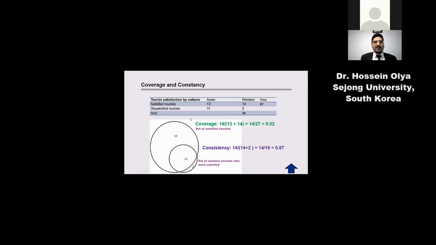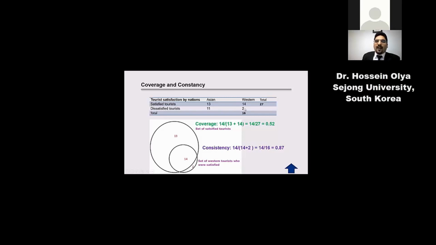Yes, imagine these pictures show a set of satisfied tourists from two groups of people, Asian tourists and Western tourists. We have a total of 27 satisfied tourists, 14 are Western tourists, and Asian tourists who are satisfied number 13. For dissatisfied tourists, we have 11 Asian dissatisfied tourists and 2 Western dissatisfied tourists.